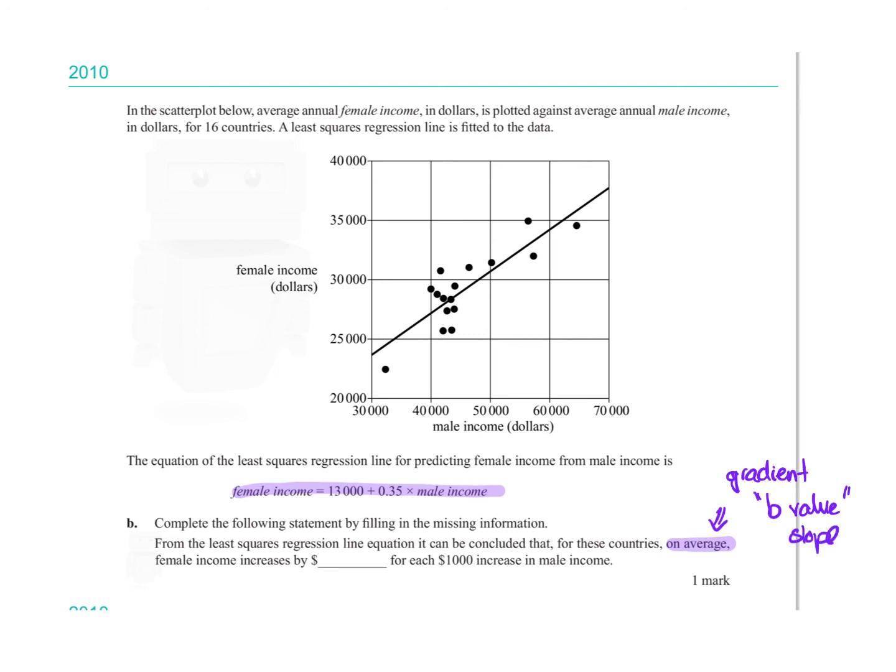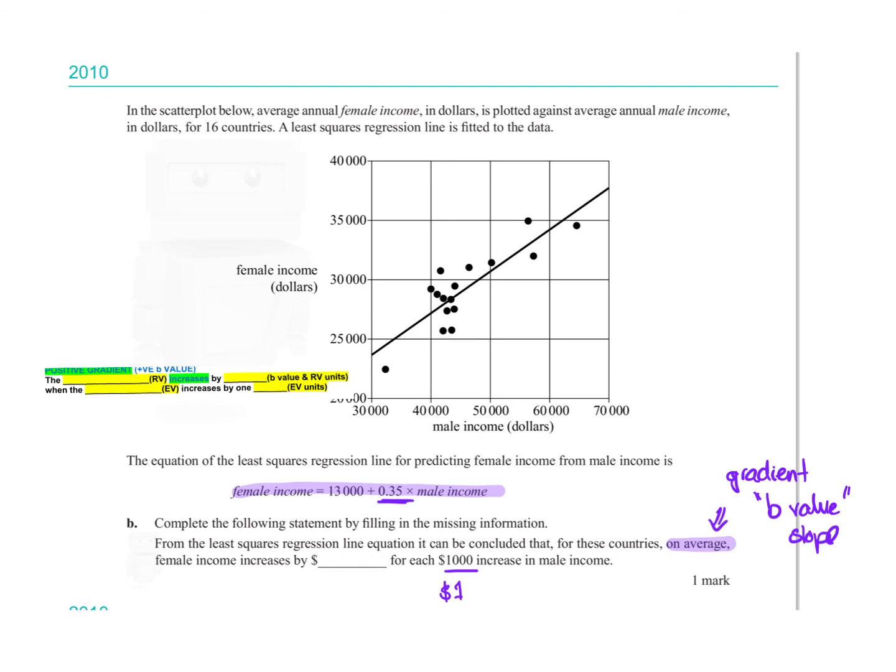Okay, so increases by, so we look for that value, and we'd say 0.3. Now it's not saying for each $1, so normally we say when it increases by 1, so they're actually saying when it increases by 1,000. So I'll just explain what I mean.